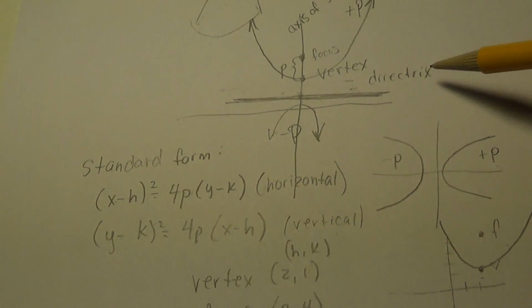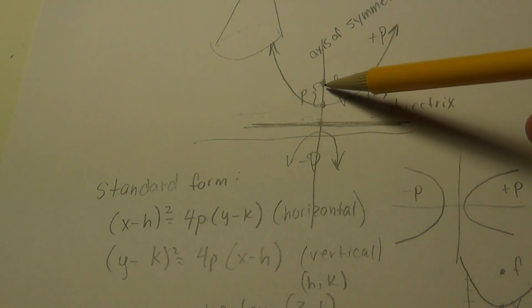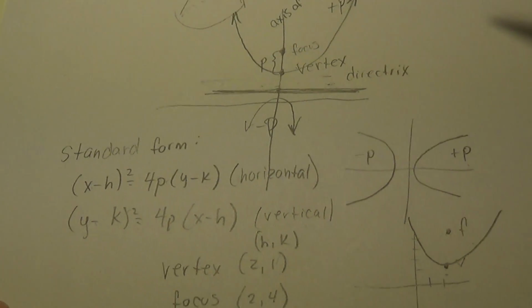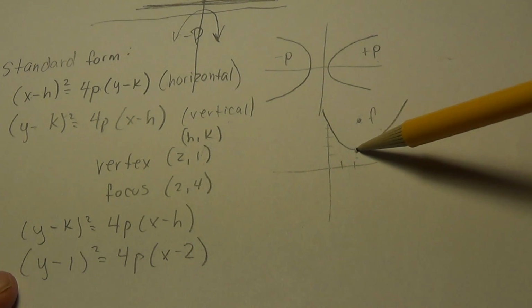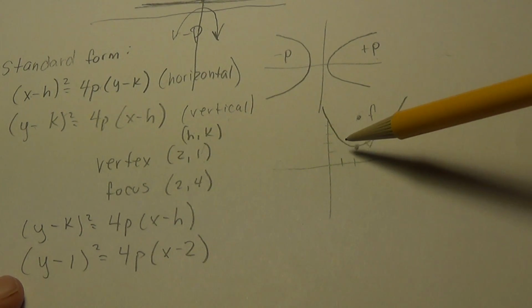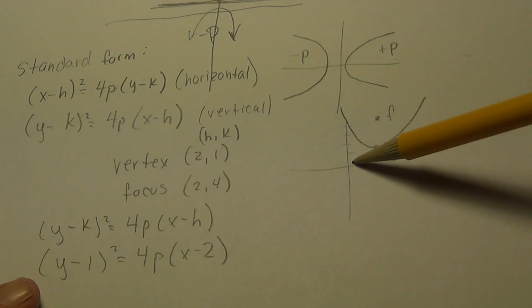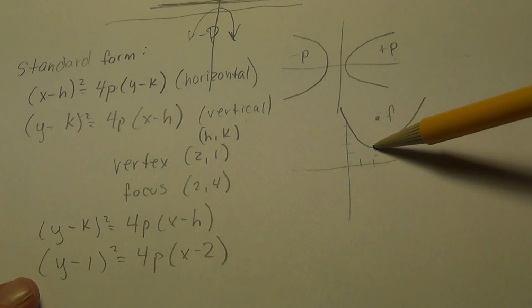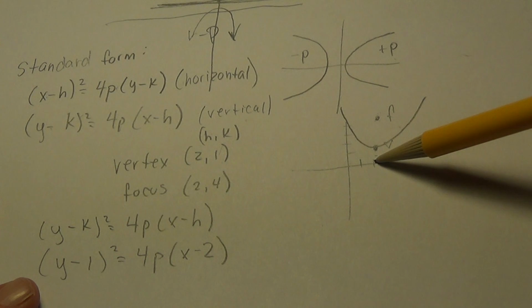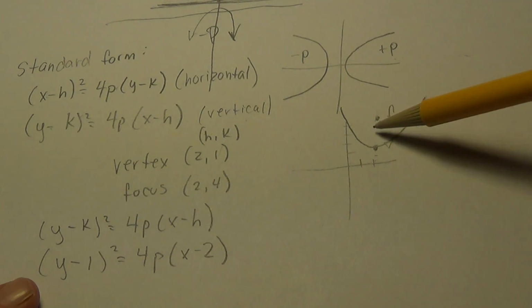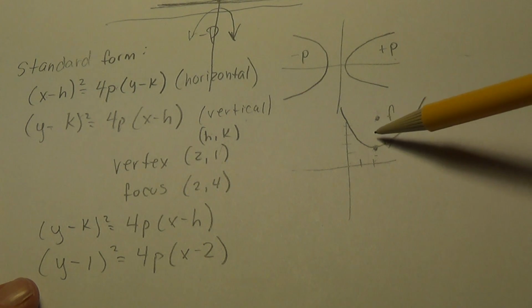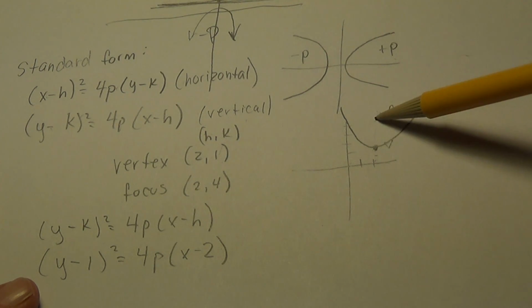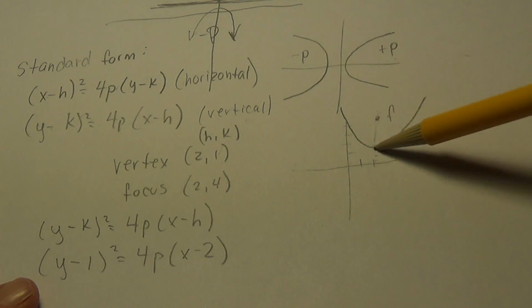Recall what P is. It's the distance between the focus and the vertex. So I'm going to look at my sketch. What is the distance here? Well, I went over 2 and up 1 to get here. I went over 2 and up 4 to get here. So the distance is in the y direction, and it's the distance between 1 and 4, which is a 3.